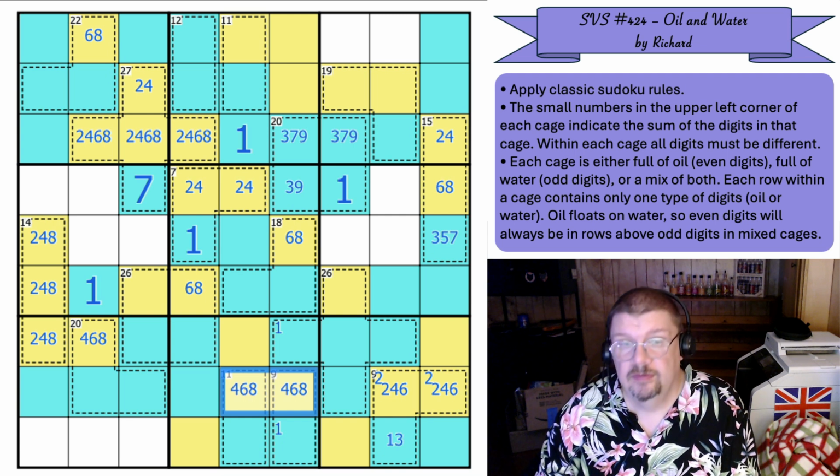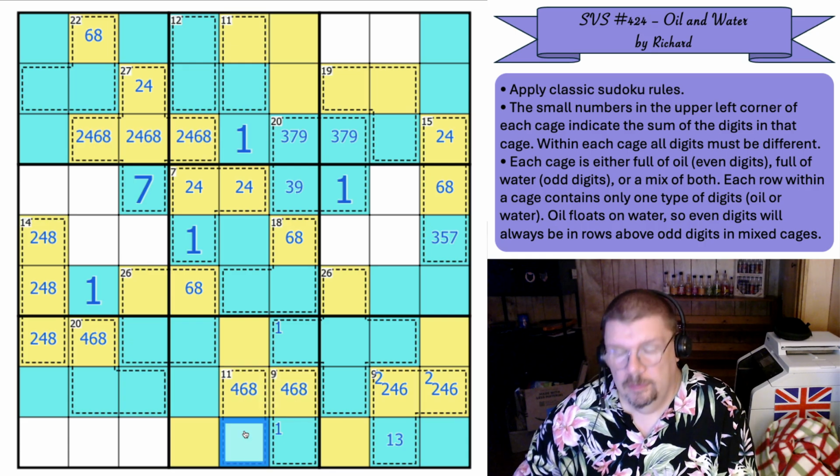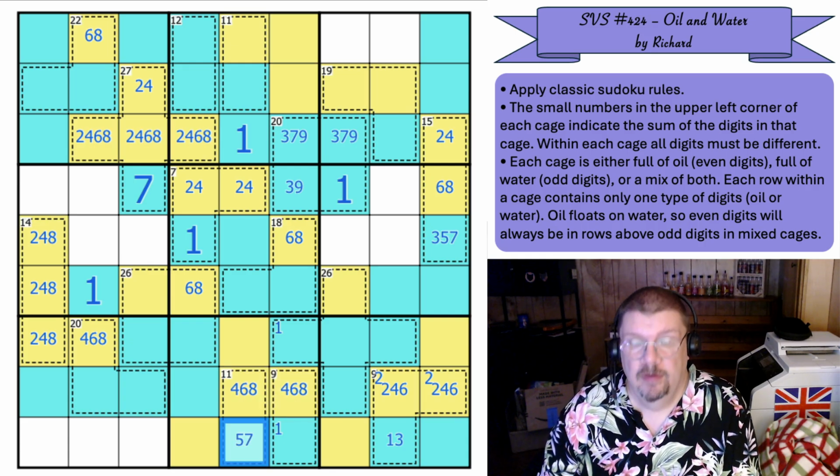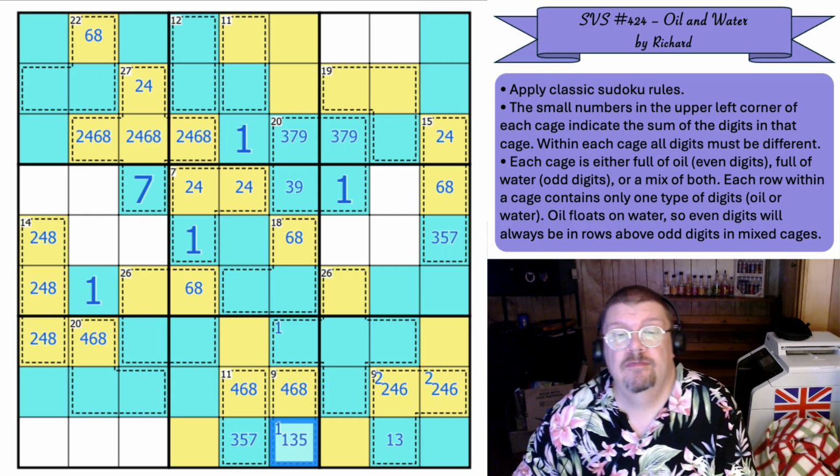So these are from 4, 6, and 8 only. So that is 7, 5, or 3. That is 1, 3, or 5.